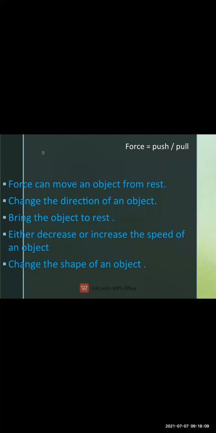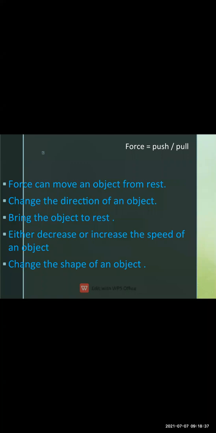Okay. Now the force moves an object from rest. So whenever a force is applied to the object, what happens? The object moves from one direction to another. That means there is a change in the direction. Suppose I push the table or a sofa from one place to another place, at that time I am applying the force and changing the direction of an object.